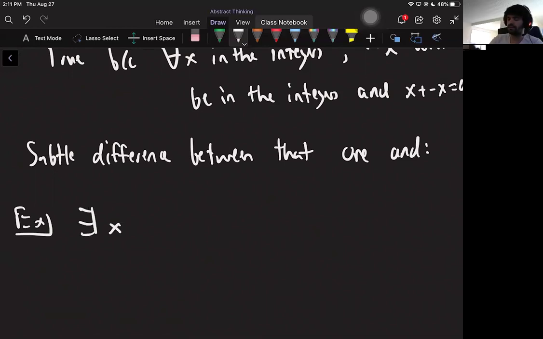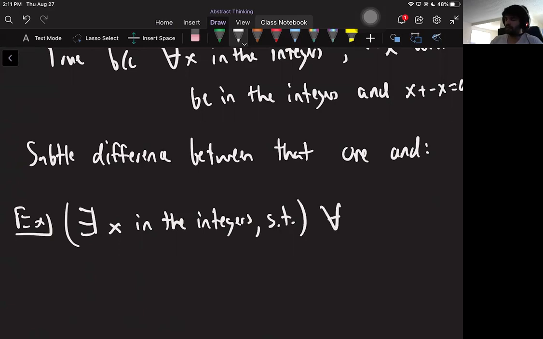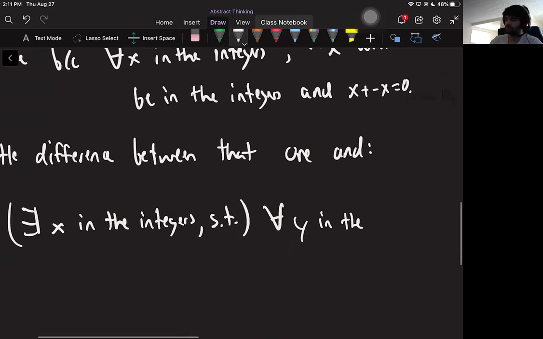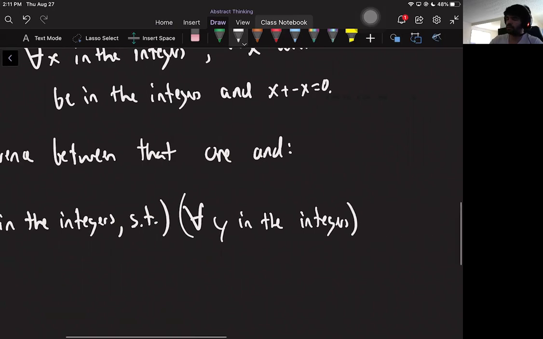So there exists an x in the integers such that for any y that I have in the integers, x plus y will be 0.